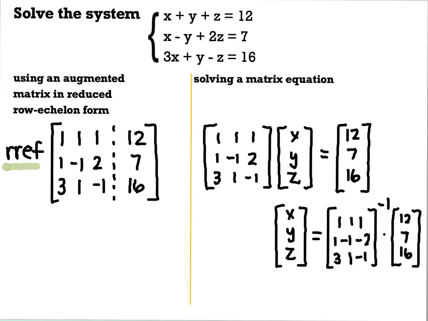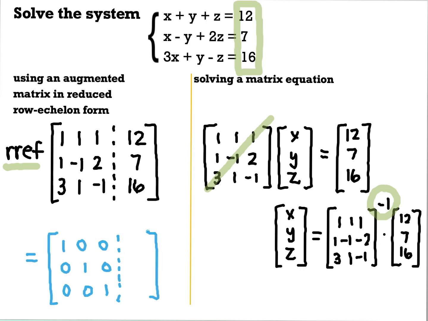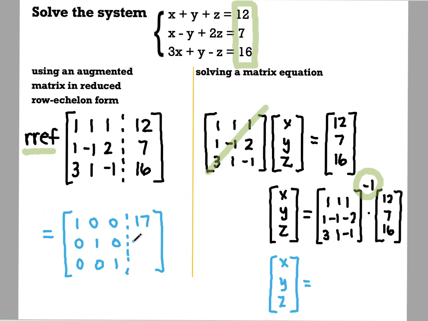Our second method is we could take the matrix equation and then get rid of this matrix by multiplying by the inverse on the other side. So the inverse of the coefficient matrix times that solution matrix, should we call it, over here, should give us our x, y, and z. You could try these both ways and you should get the same answer. Which one do you think would be faster for you to type in?